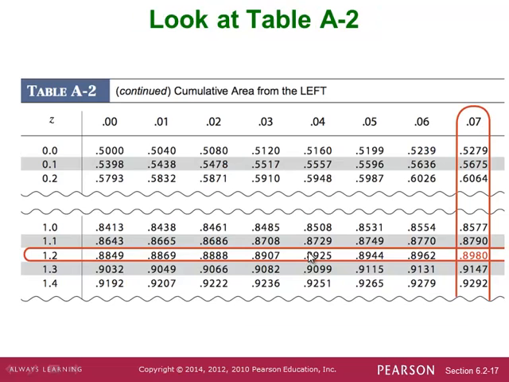How did we get that? Well, here's kind of an extract from that table. Again, table A-2. Look down the left-hand column, go down to 1.2, and then go over to the 0.07 column, so you'll have 1.27 for the z-score, and then get the probability of 0.8980.